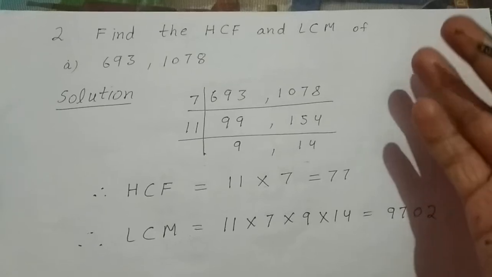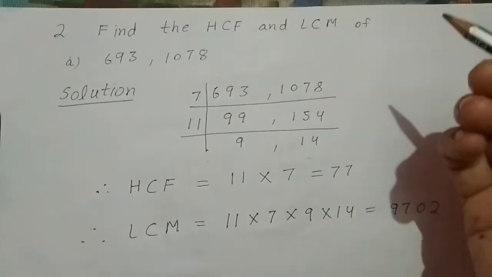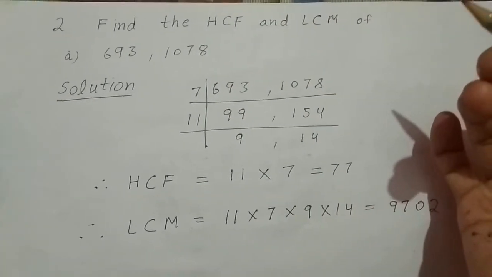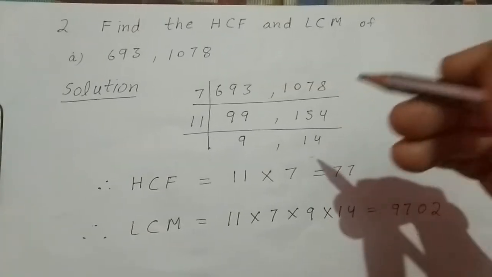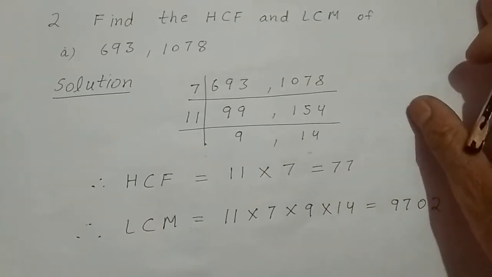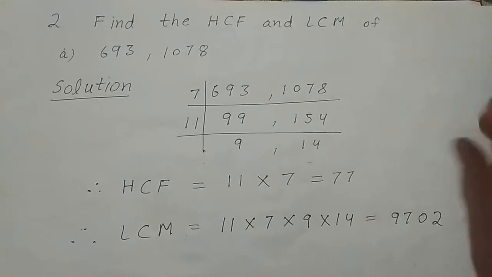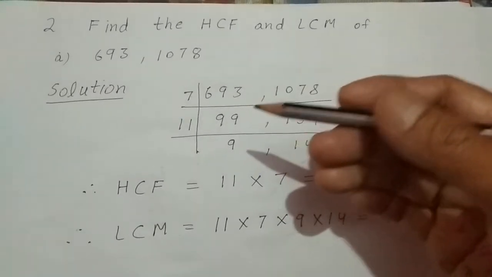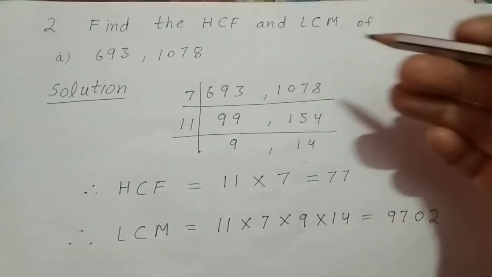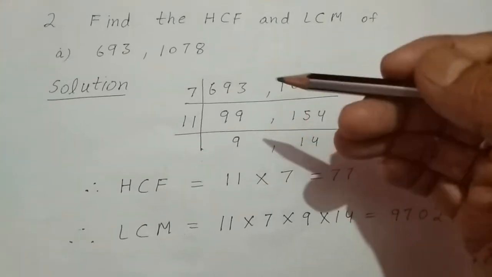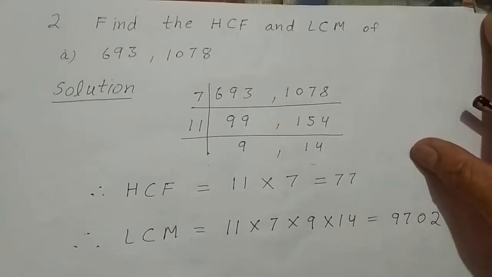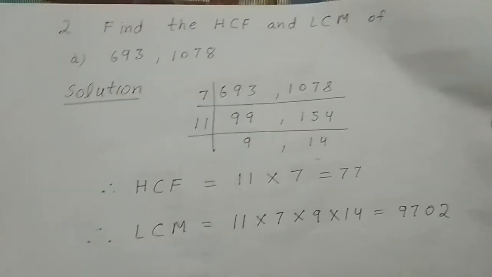If you want to do it that way, you can, and if you want to do it in this manner, you can. There is no issue, but I have explained this so that it saves time. If we have to find both HCF and LCM, we can do it in this manner. It saves time.